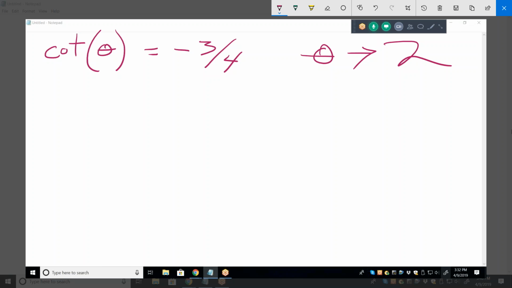In order to find the sine, cosine, and tangent of 2 theta, we need to figure out what the sine, cosine, and tangent of theta is, because all of those formulas are based on sine of theta, cosine of theta, and tangent of theta. So let's start.